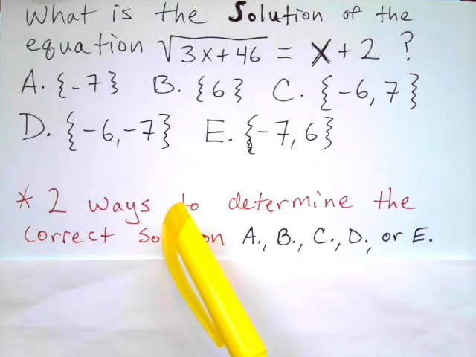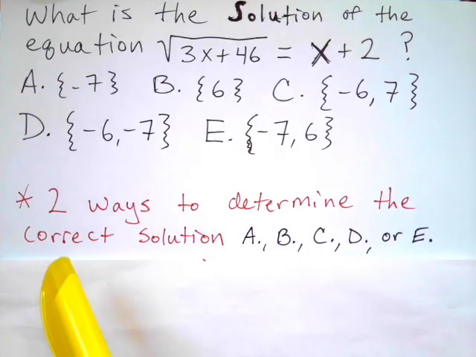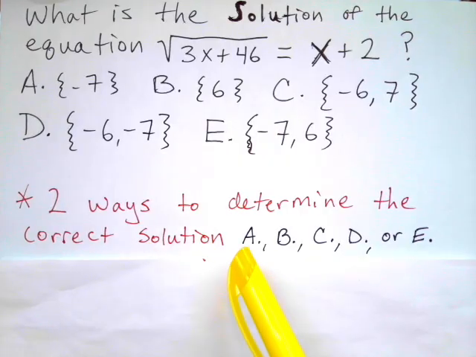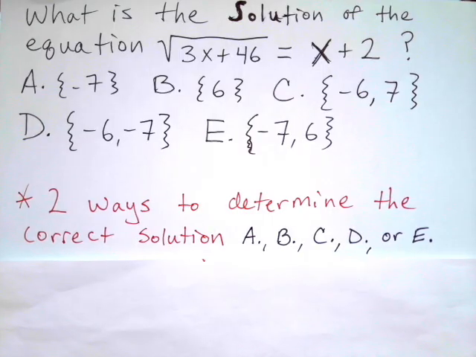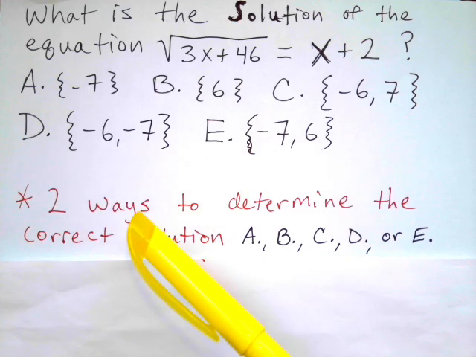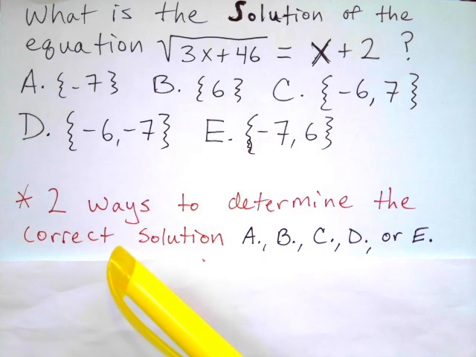Now, there are two ways to determine the correct solution, A, B, C, D, or E. And I'd like to go through those two ways that you can solve the problem. I'm going to let you decide which of those two ways is easiest for you.